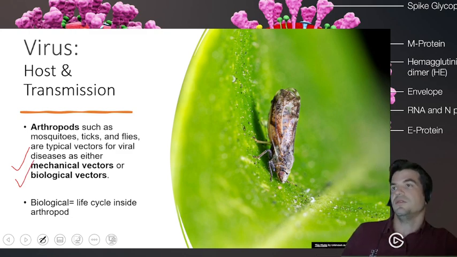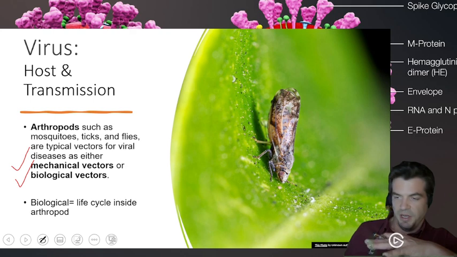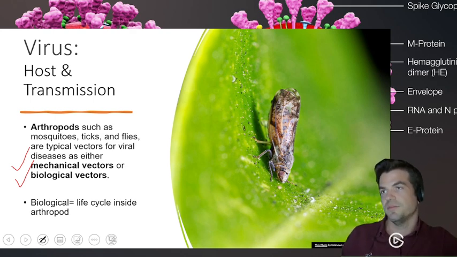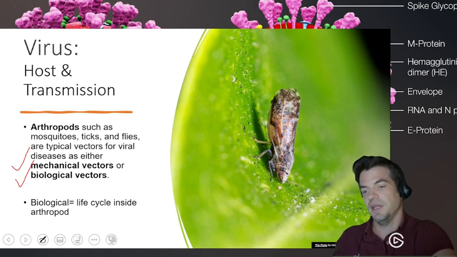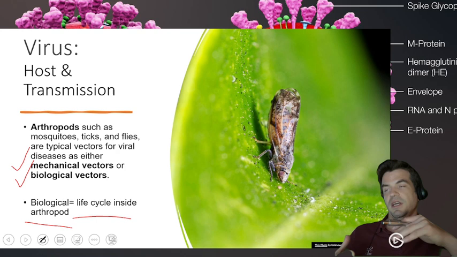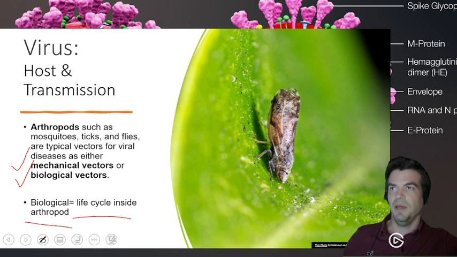Mechanical vectors are vectors that aren't included in the life cycle of any specific arthropod. So if it just kind of picked up and moved from one area to another, that would be a mechanical vector. A biological vector, though, has a life cycle inside of the arthropod. So it grows inside its gut, usually matures, and then gets transmitted through a bite.